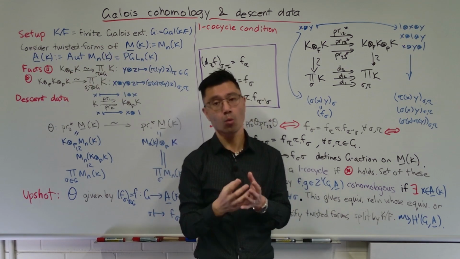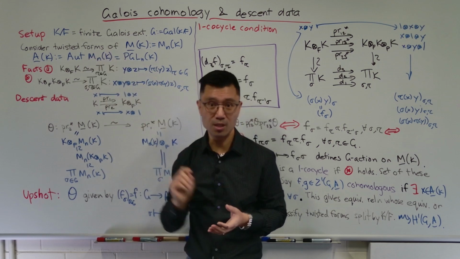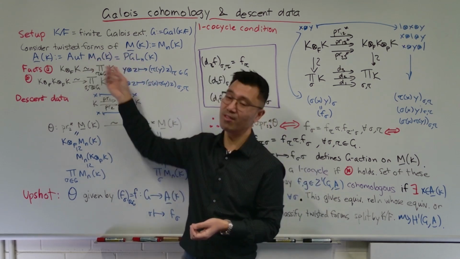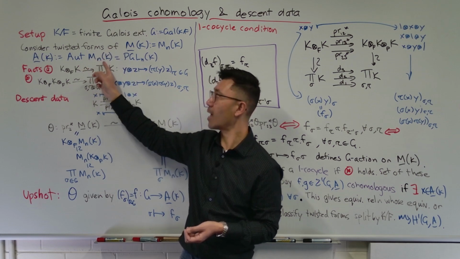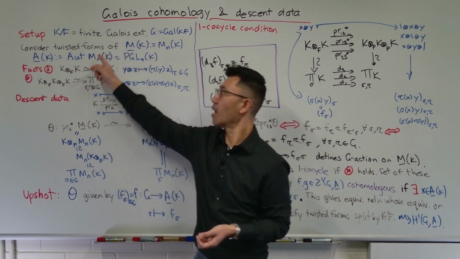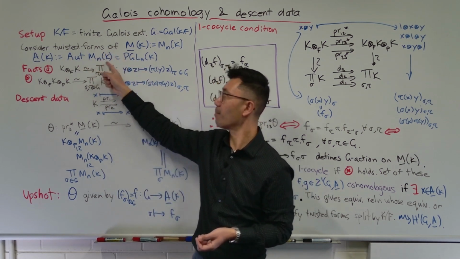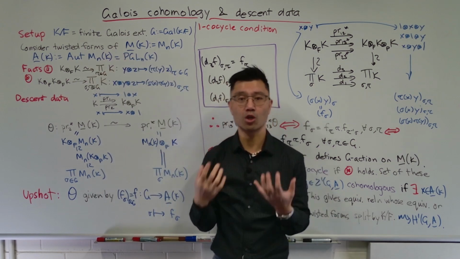And in this case, we can write down what this is quite nicely, because we have the Skolem-Noether theorem, which tells you that every automorphism of this M_n(K), the K-algebra of n by n matrices in K, comes from conjugation.